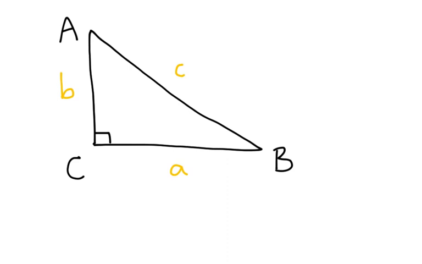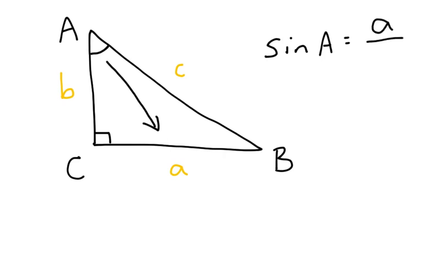Now let's take a look at, for example, the sine of angle A. We remember from before, sine is opposite over hypotenuse. So when I look at angle A up here in my diagram, the side opposite angle A has this measure. The hypotenuse has this measure. So if I knew those values, I just divide those, and that would be the sine of angle A.